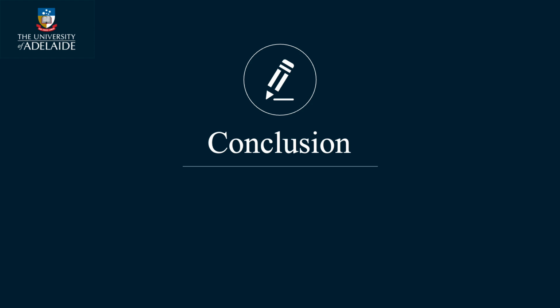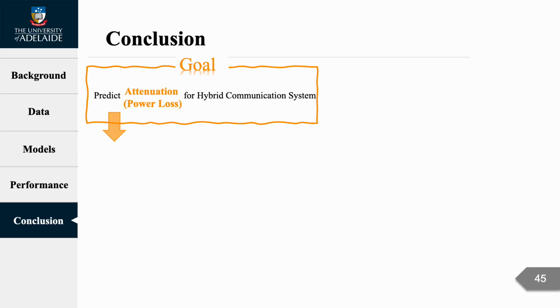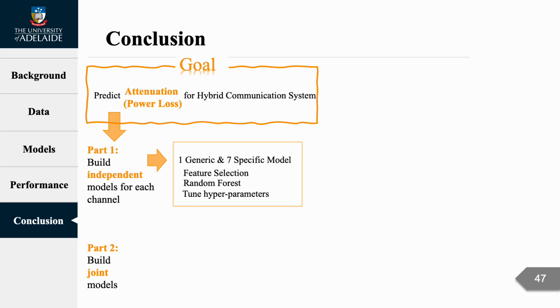Finally, let's make a conclusion. In this project, we developed random forest models to predict signal attenuation for hybrid communication systems. We explored two main approaches, independent and joint models. For the independent models, we compared generic and specific models.